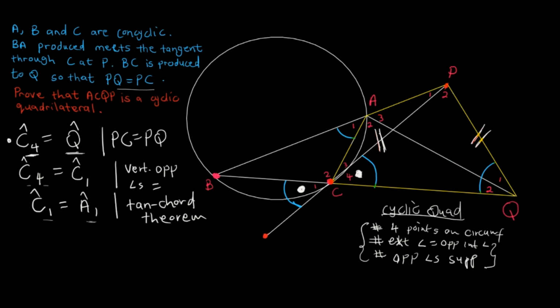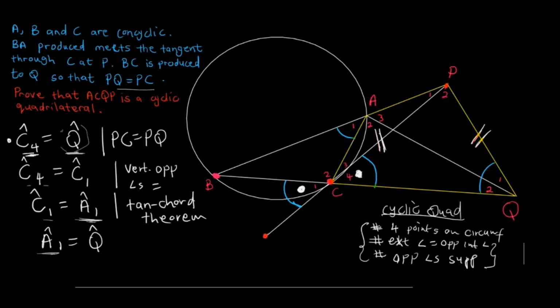So it tells you that actually A1 is equal to Q, right? For the fact that we started at C4 and then we equated it to Q, and then it went all the way up to A1, right? So A1 is equal to Q, and if you check, A1 is this part here, right?